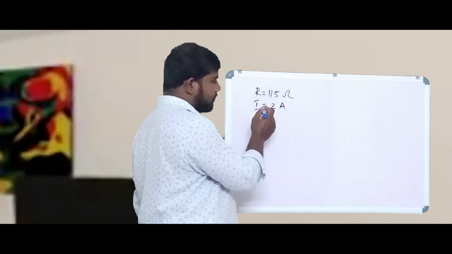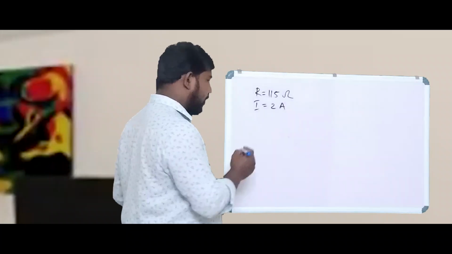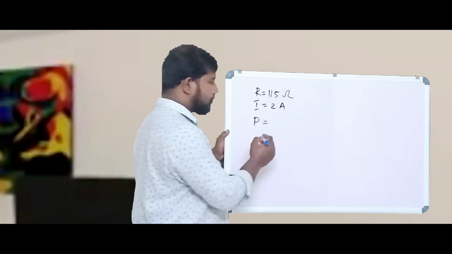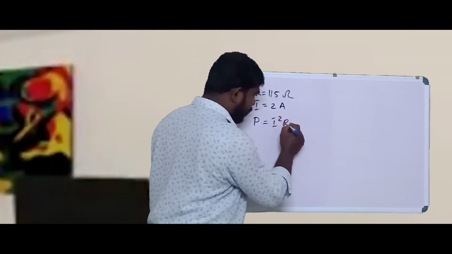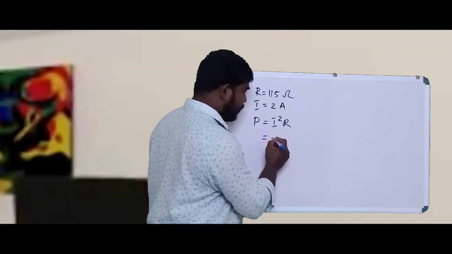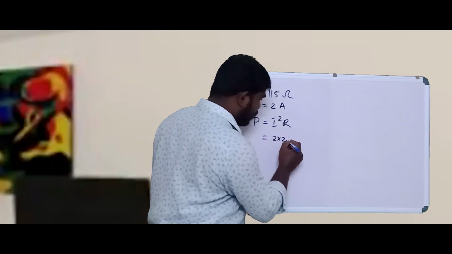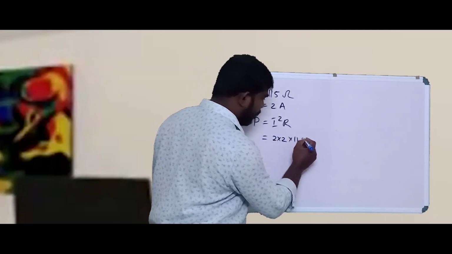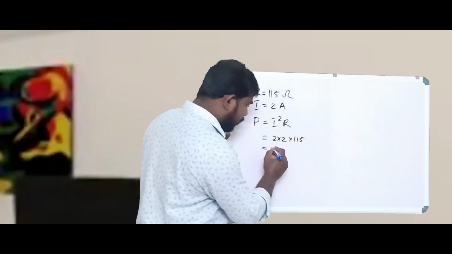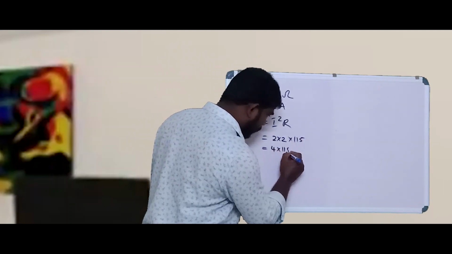When resistance and current are there, the equation of power is P is equal to I square into R. That is, I square is 2 into 2, which is 4, into R, 150.